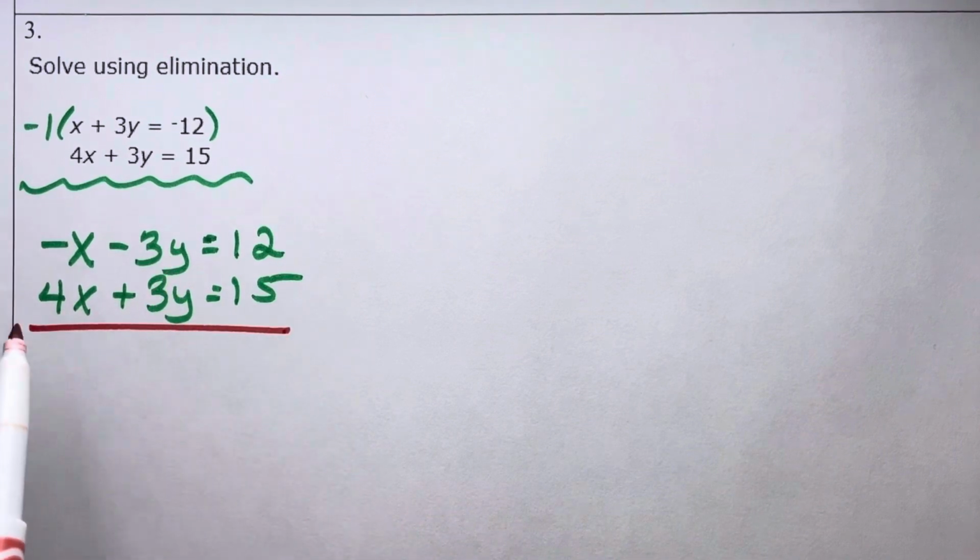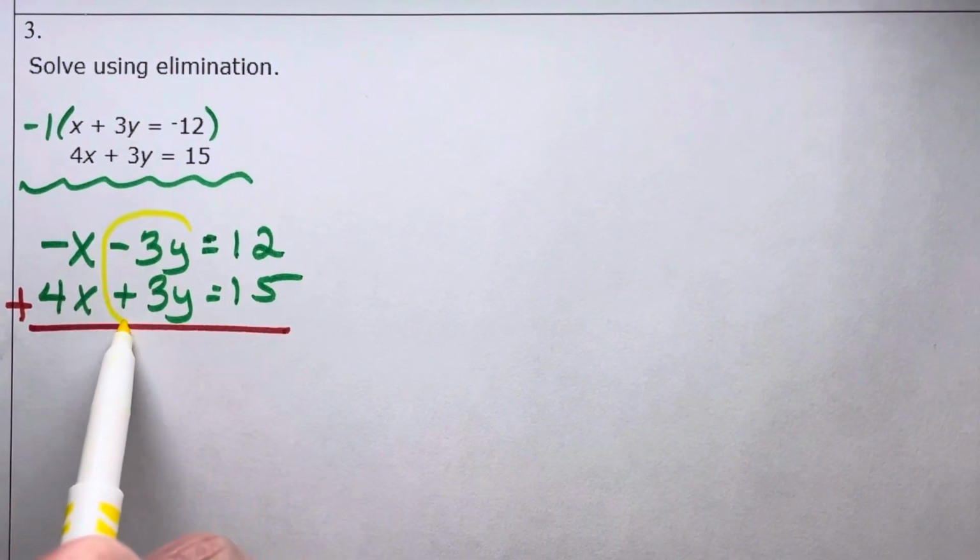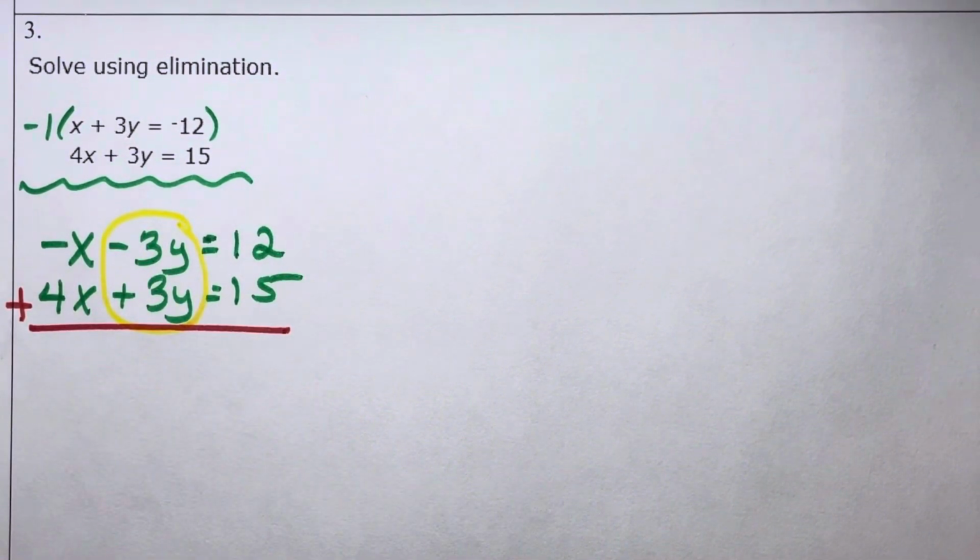So we add straight down, and when we do that, by design, our 3's are now able to cancel. That was on purpose, and that's good.